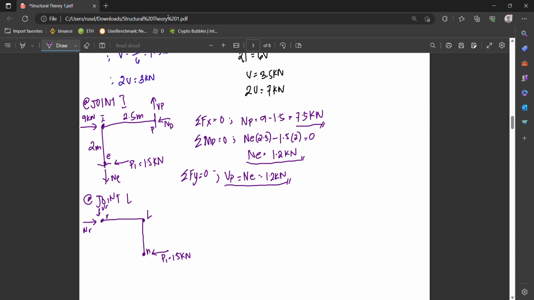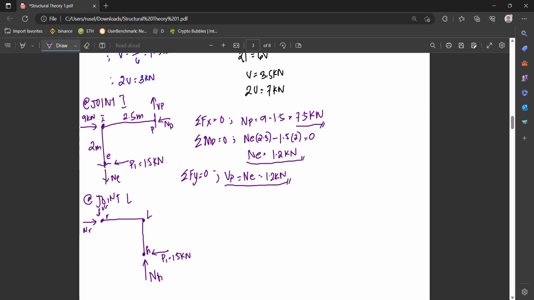The shear there is 1.5. Then you have NH. Okay? So, this is your R.